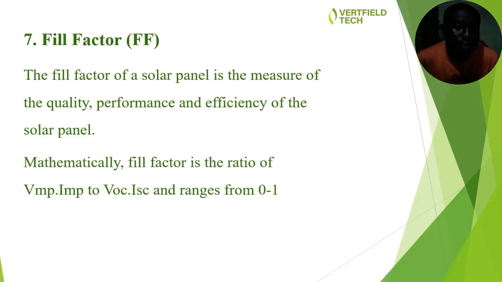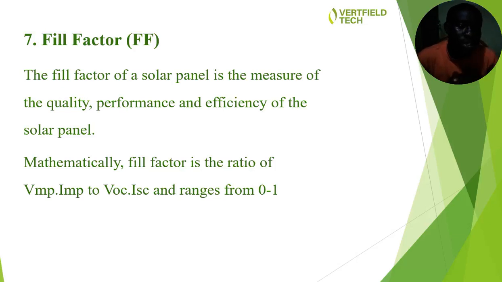Now you have the one we call the fill factor. The fill factor is a measure of the quality, the performance and efficiency of your solar panel. So this simply means that the fill factor tells you the quality, performance, and efficiency of your solar panel.